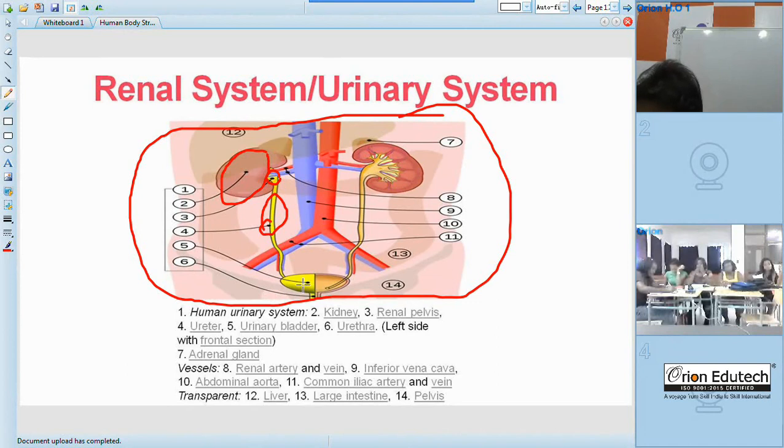Fifth is the urinary bladder. Sixth, the last part, is the urethra. This is the frontal view of the urethra, from where excretion takes place. The seventh is the adrenal gland.